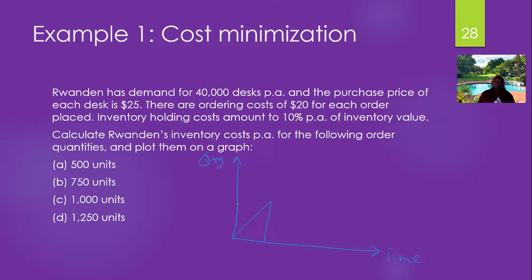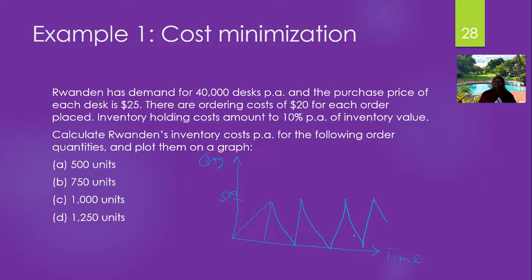So if we are ordering 500 units, then we're going to have a situation where every month we have to order, and after we order the items, they run out of stock, we order again and we sell them, we order again, we sell them.